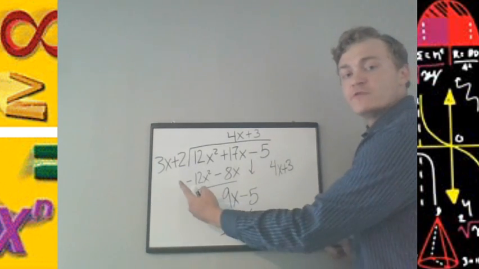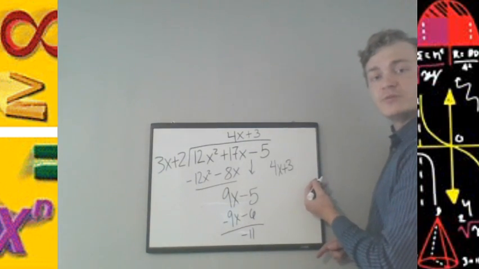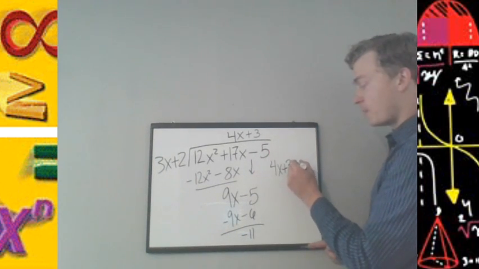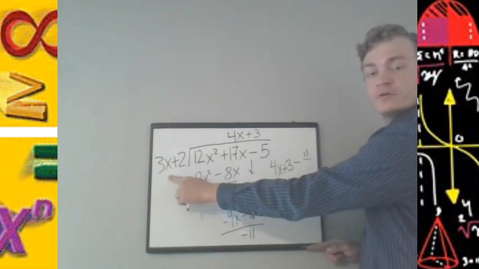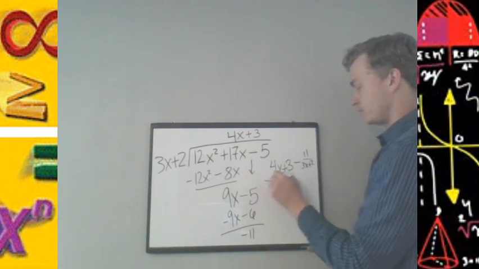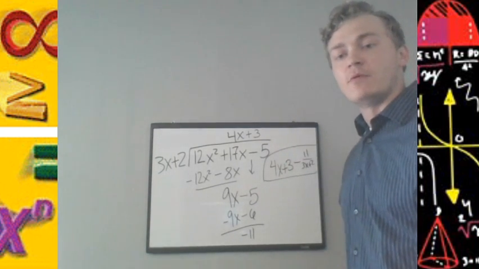We write it over our divisor 3x plus 2. So here our last term, not only is our result 4x plus 3, it's 4x plus 3 minus 11 over 3x plus 2. And this is our resulting expression from our division.